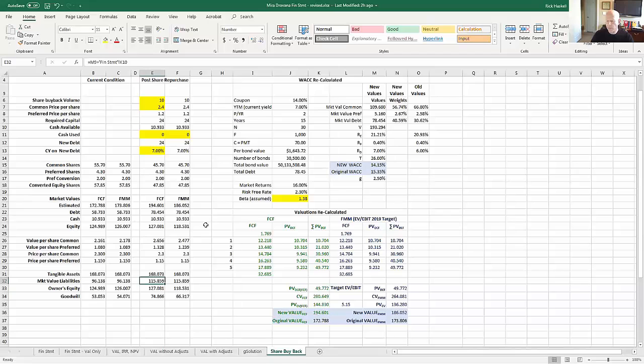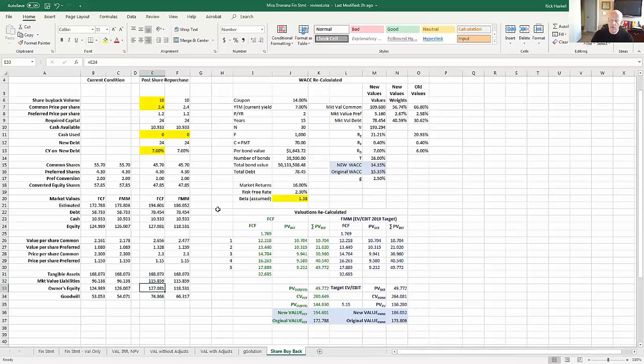And the reason that this number of 115.86 is greater than the value that we're showing here for the long-term debt of 78.45 is because we have some current liabilities we've had to add to that. So this market value of debt now, given the new borrowing, given the change in WACC, was 78.45. If we add to it the current liabilities from the balance sheet, it gives us an overall market value of liabilities of 115.86.